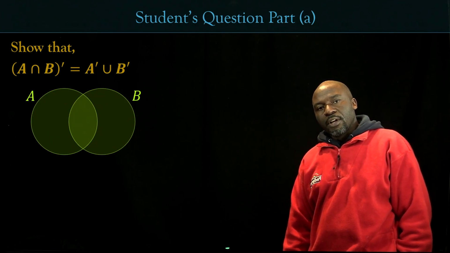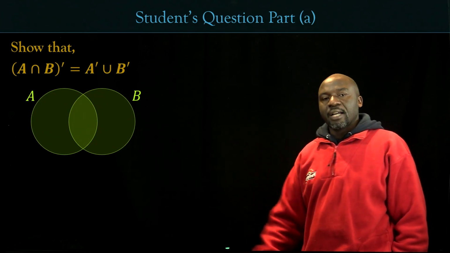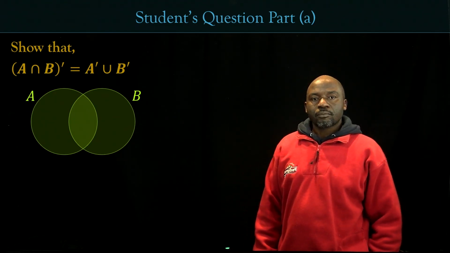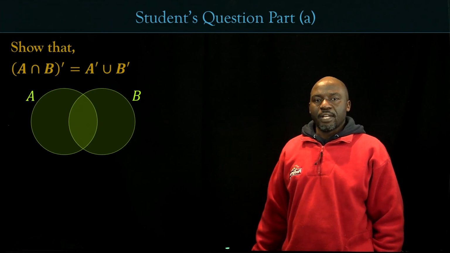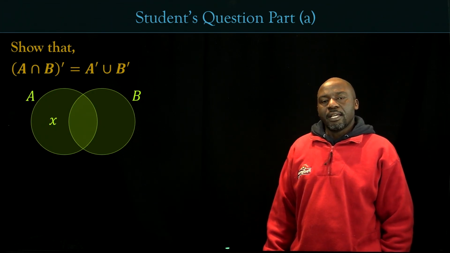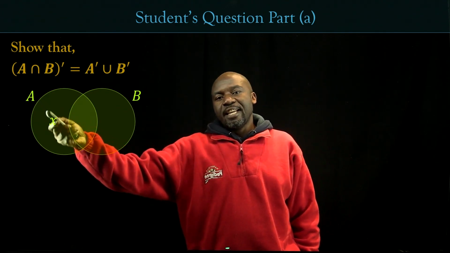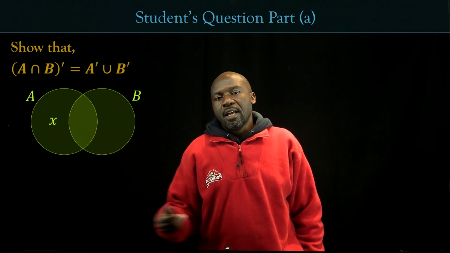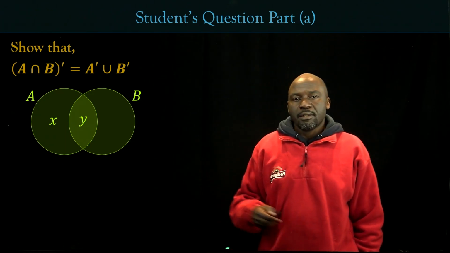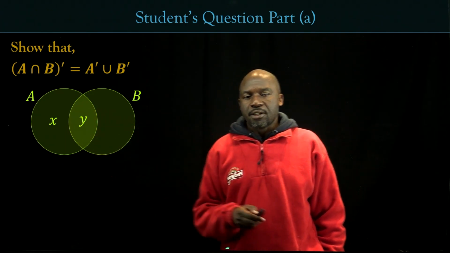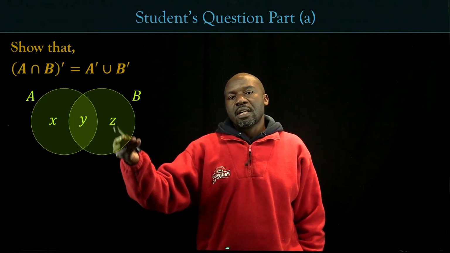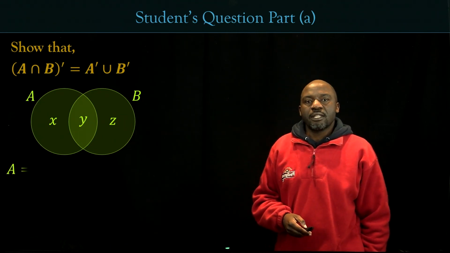Everything falling inside a Venn diagram. We don't need to draw the Venn diagram in this case because there's nothing that is falling outside. And so if X is that region there, this is inside A but outside B, and Y represents the intersection of A and B. So Y is A intersection B, and Z is in B but outside of A. We can represent this way.